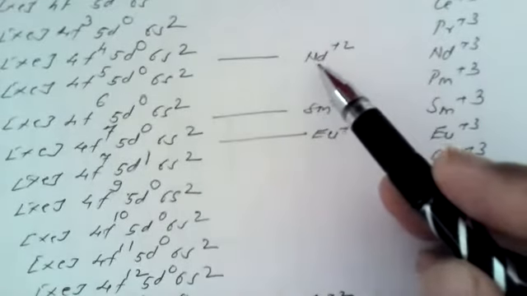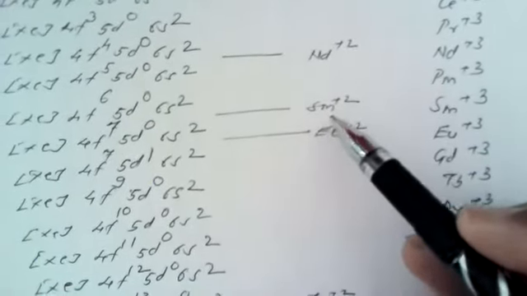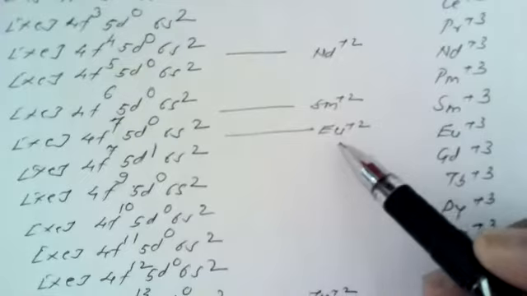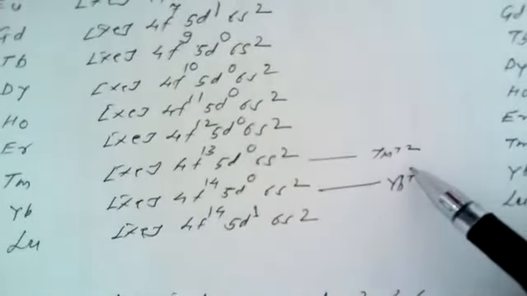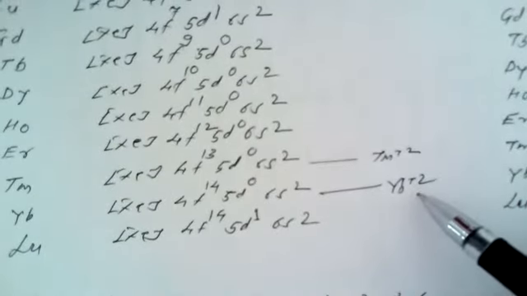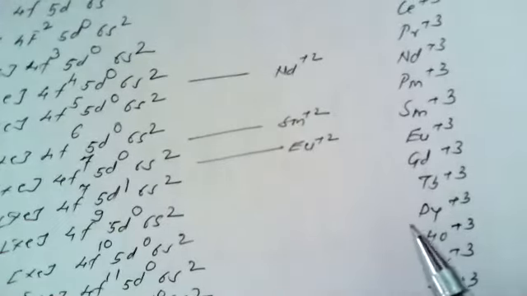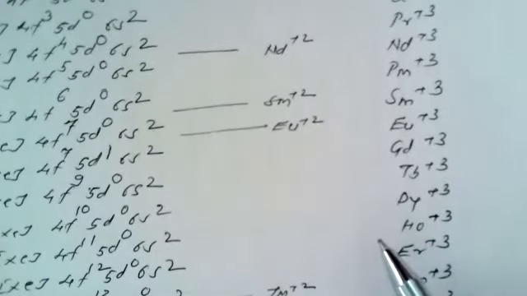They display a divalent oxidation state, that is oxidation state of +2: neodymium atom number 60, samarium atom number 62, europium atom number 63, thulium atom number 69, and last is ytterbium atom number 70. So these 5 members display +2 as a lower oxidation state.